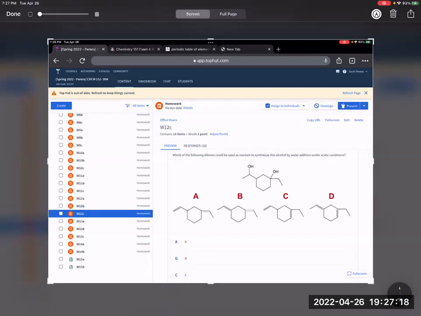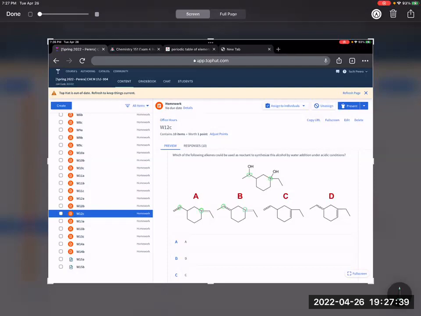It says just which of these alkenes can produce it. Technically the idea is to have a double bond involved in these carbons. So you have this here and here, which is good. A is good, and here, that is good.